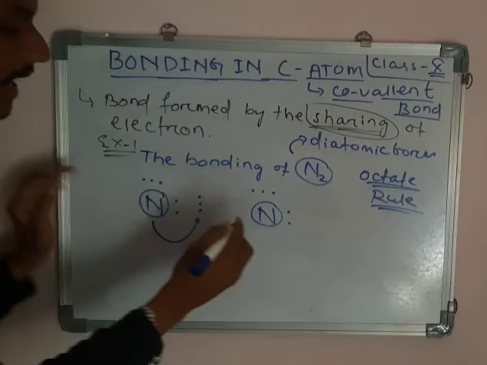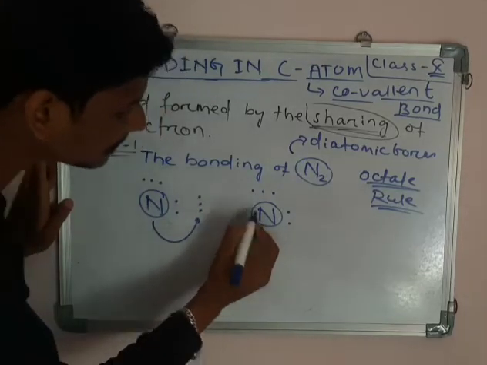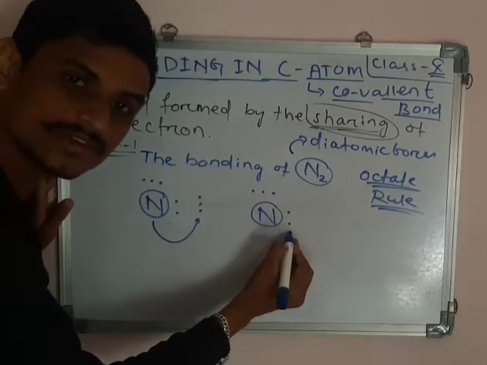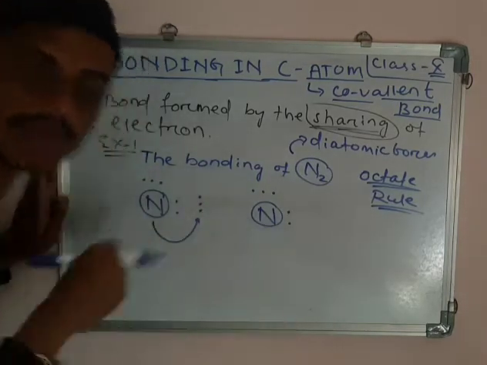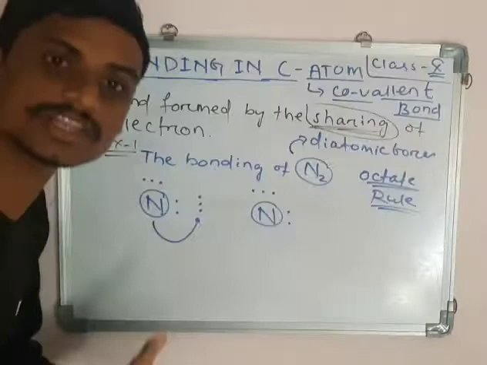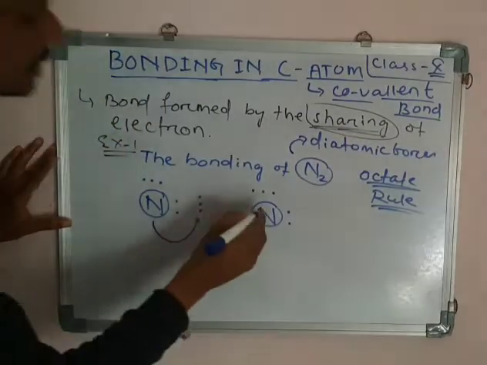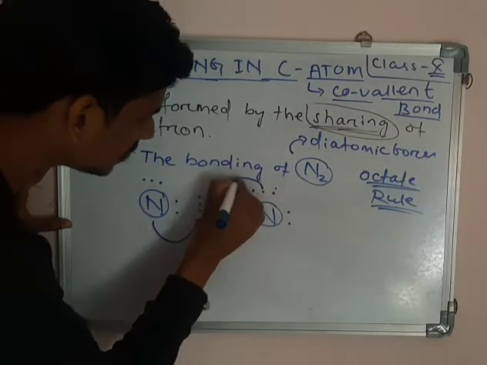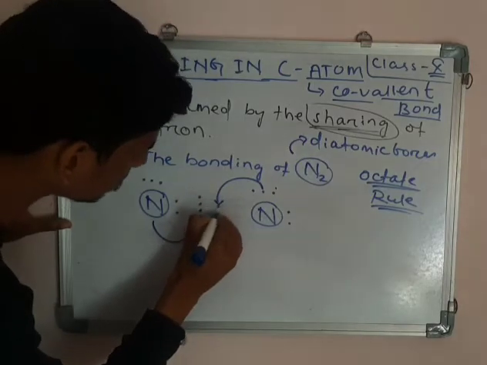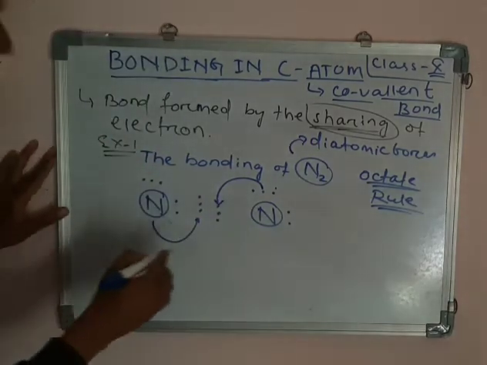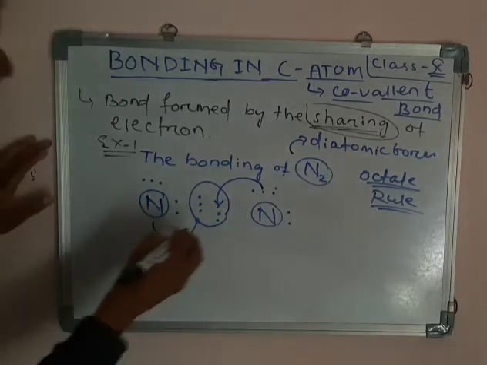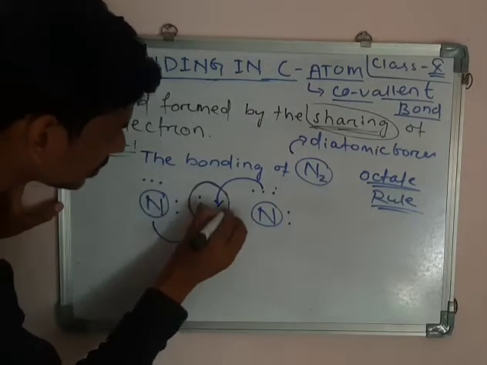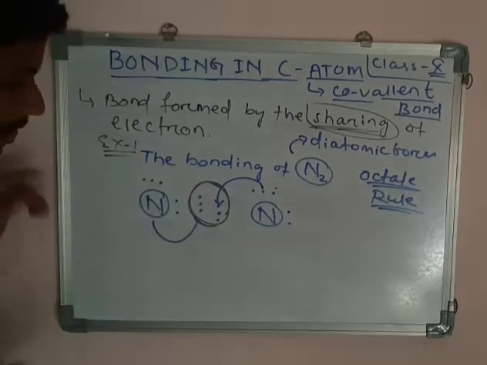Similarly, for this nitrogen atom, there are 5 valence electrons present here. So it will require another 3 electrons to satisfy the octet rule. So it will also share 3 electrons. How many electrons are shared in between these two nitrogen atoms?